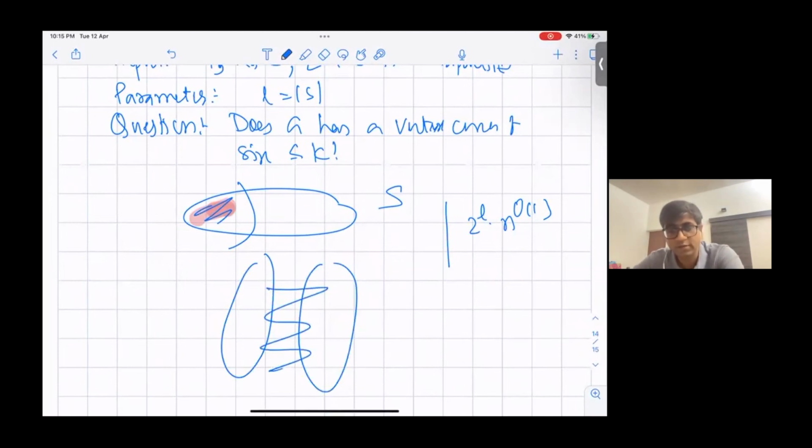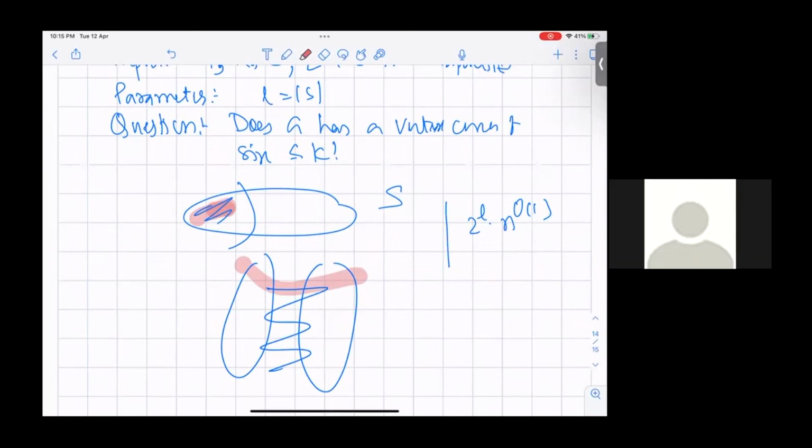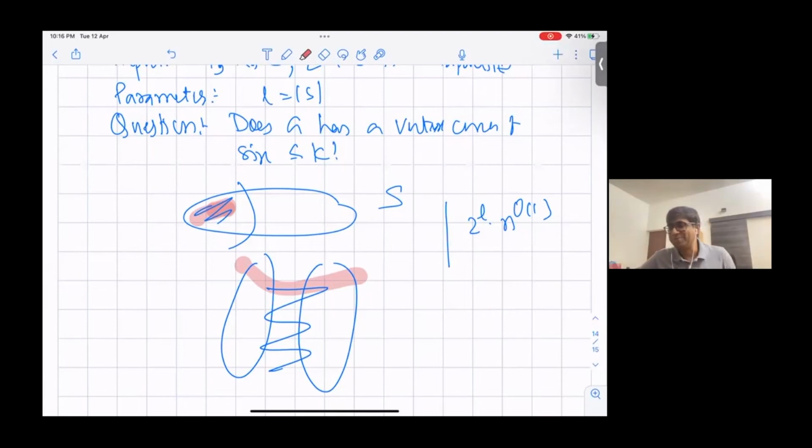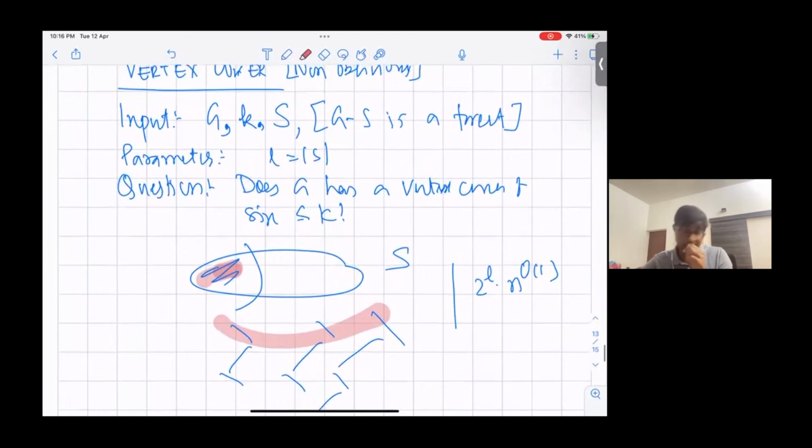Now, can we do this? Same thing, exactly the same. But try to do better than 2^L for either of these, and that's a fun thing. The only thing I can tell you is that such algorithms do exist, but they are very different and require a lot of hard work, and we will see them eventually.